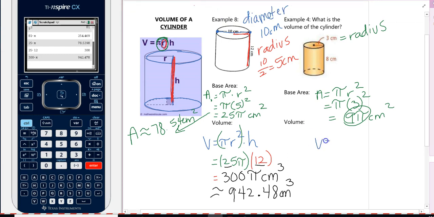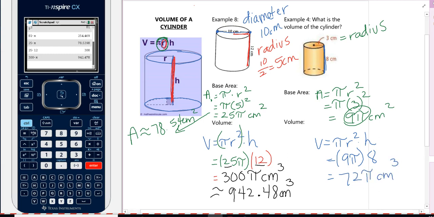So volume here is pi times r squared, which we just solved right above, but now we have to multiply that by our height. So 9 pi times our height, which is 8, and 9 times 8 is 72 pi centimeters cubed.